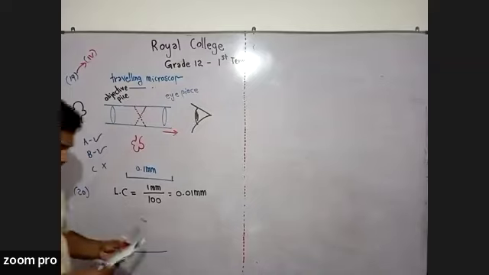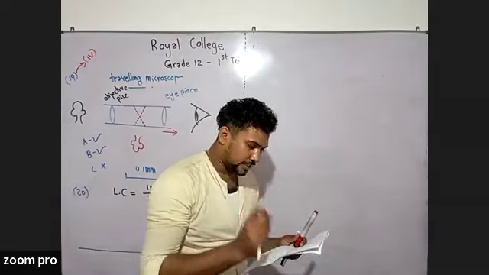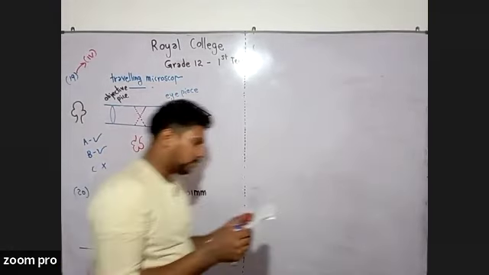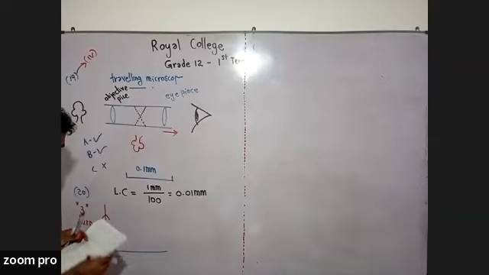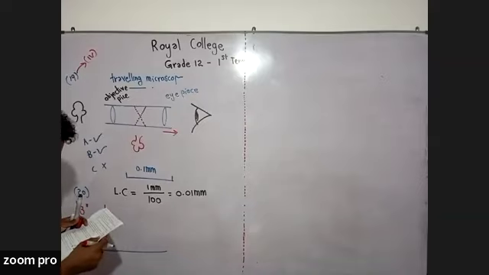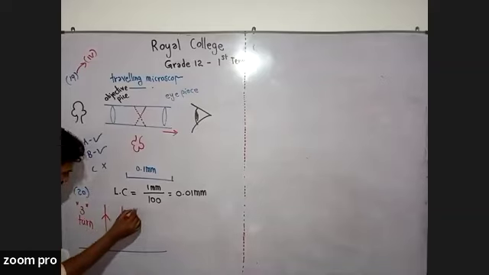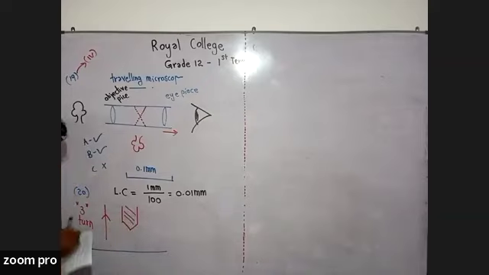According to this question, in order to get a certain measurement, the circular scale is moved up 3 full turns. That means it is rotated in the upward direction by 3 full turns. So in this instance, the screw should be located somewhere here.